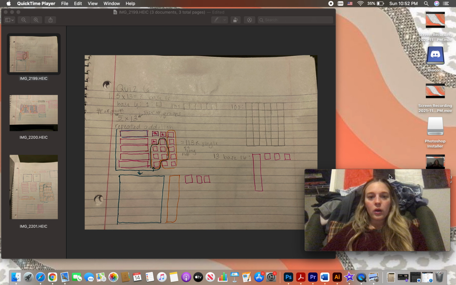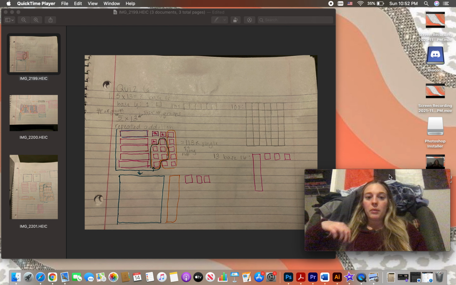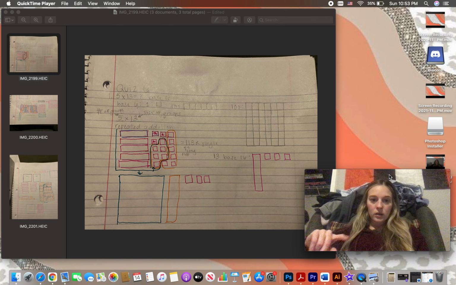Okay, so for question 1, 5 times 13 in base 6, I chose to do repeated addition. So we're going to start by modeling out what 1, 10, and 100 are in base 6, as you can see I did at the top.